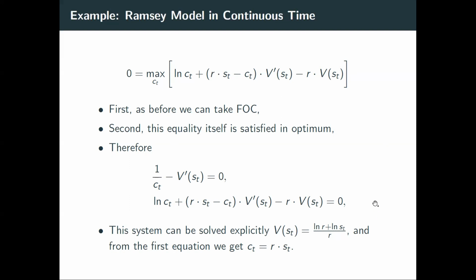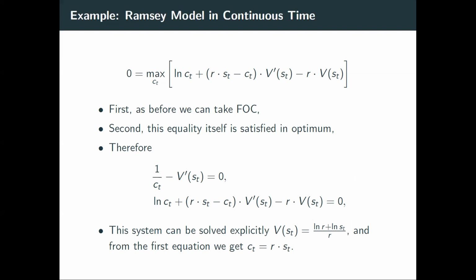And again, we arrive at a system of equations. And it's not just a system of equations, it's a system of differential equations. So as promised, it's a wild west after you write the Bellman equation. There is no generic algorithm of how to do this. Luckily, it turns out that for this particular case it's solvable.